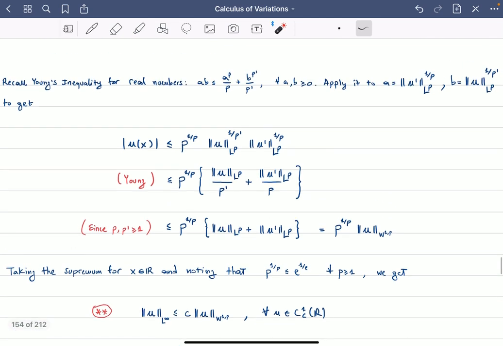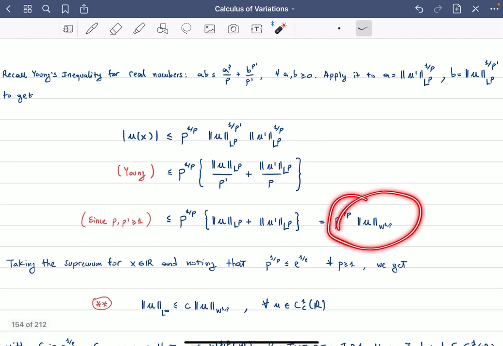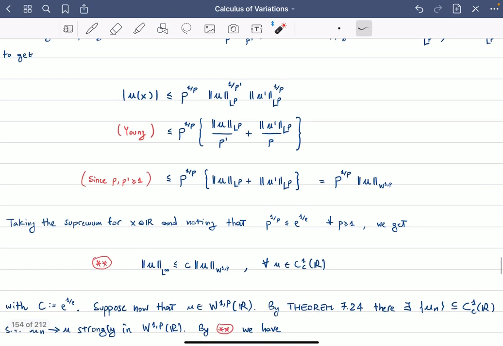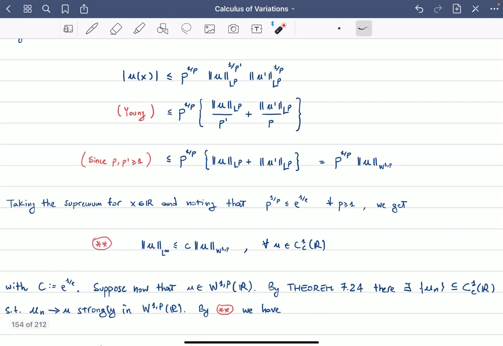Okay, so now we proved that the absolute value of u(x) is less or equal than the quantity on the right hand side, and this is true for every x in R. So now let's take the essential supremum, and we obtain that the L infinity norm of u is less or equal than p to the 1 over p times the W^{1,p} norm of u.